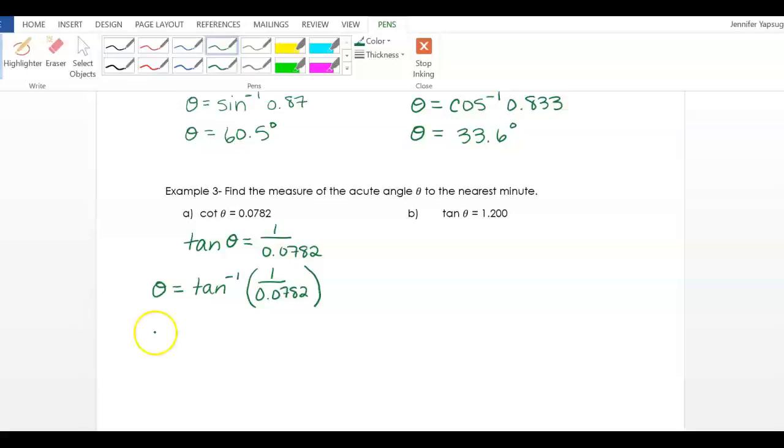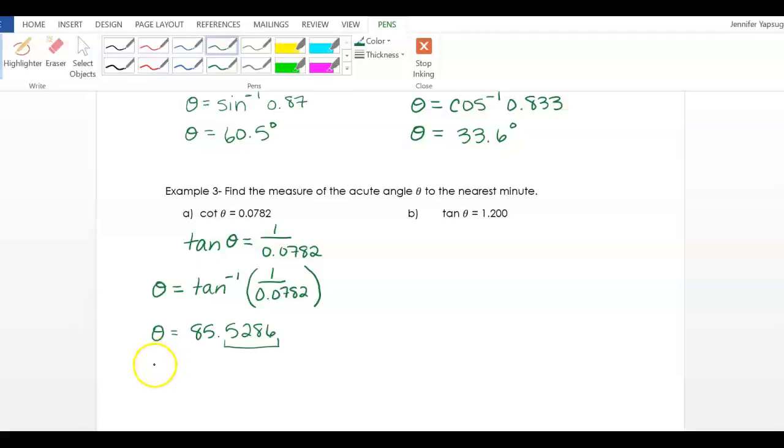So when you plug that into your calculator, you get an answer of 85.5286. Now again, remember our directions say to the nearest minute. So we need to convert this decimal into a minute.